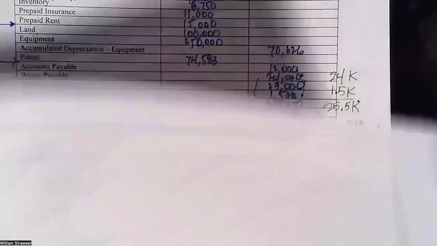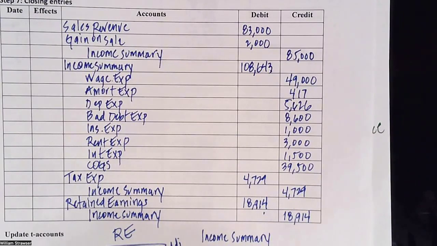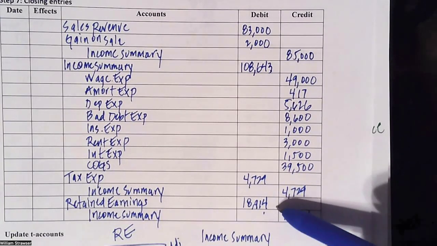The closing entries that we made only applied to income statement accounts. If we had had any dividends, those would have been included here as well. And then an income summary account, which we created, but then immediately closed out in this final line to retained earnings.